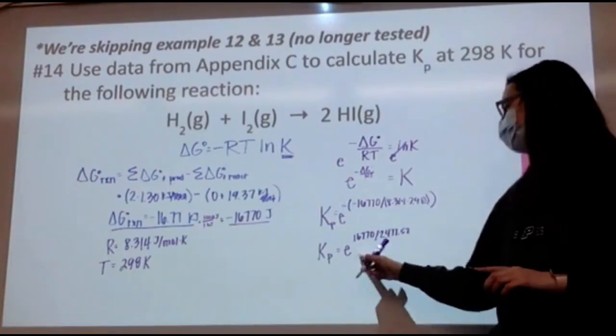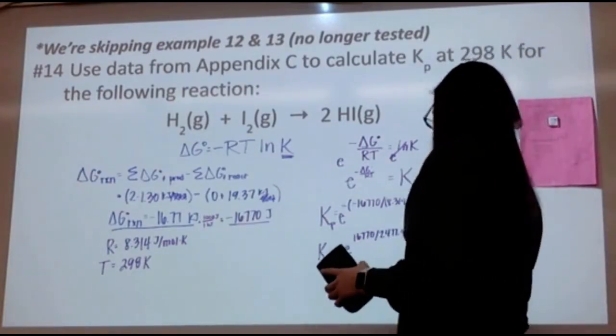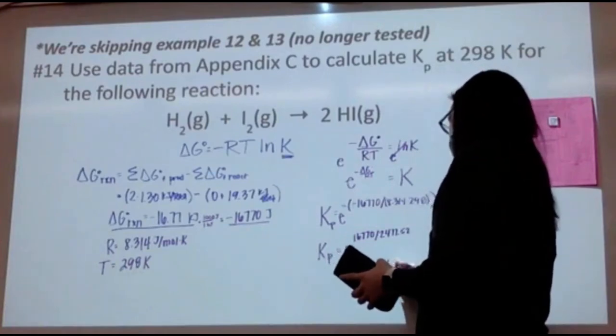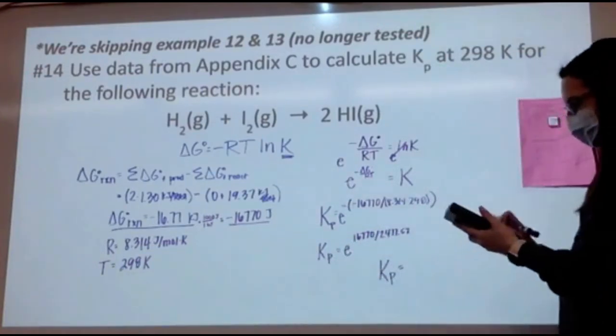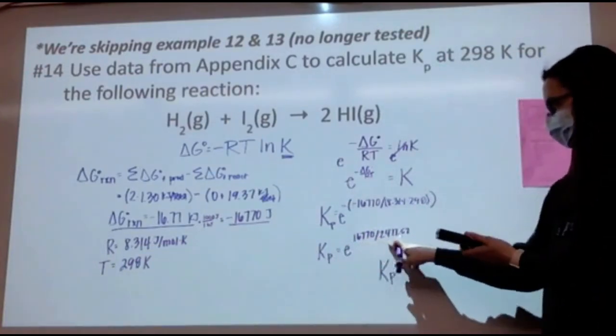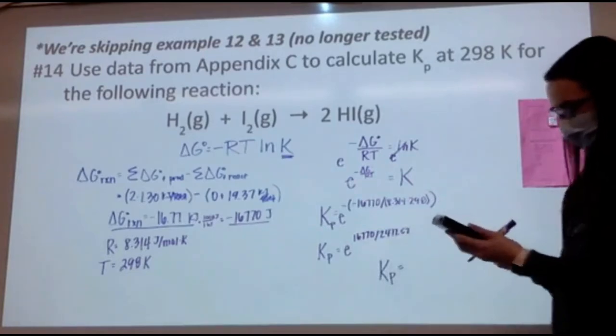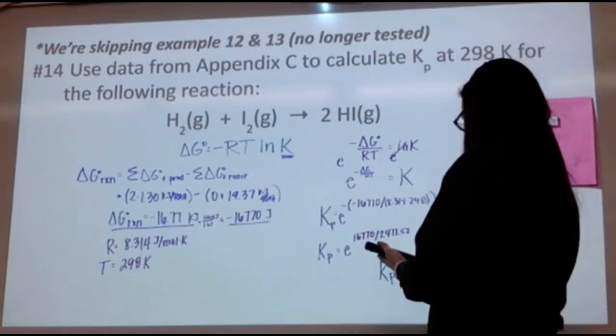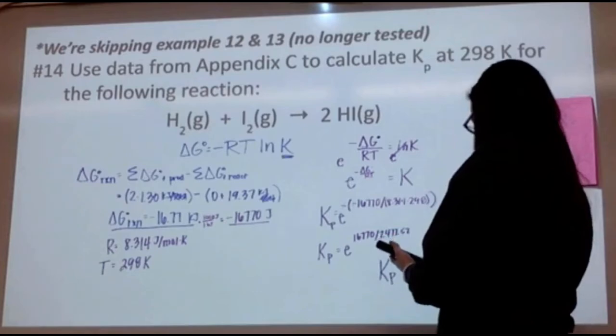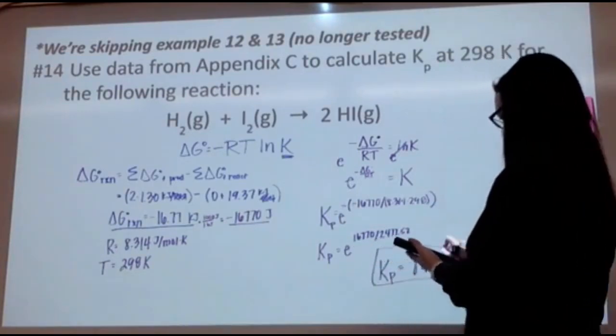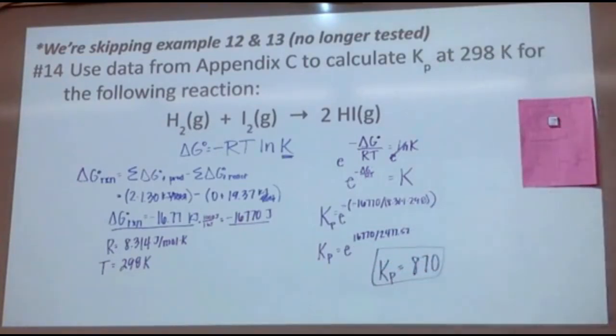So I would say second ln, and put this in parentheses. I got 870. So just make sure that you can plug things like this into your calculator.